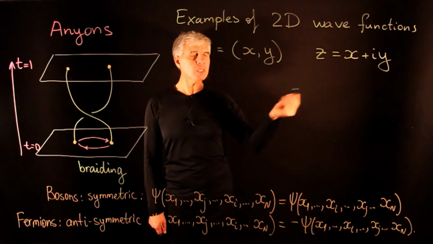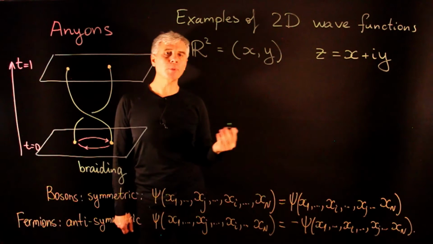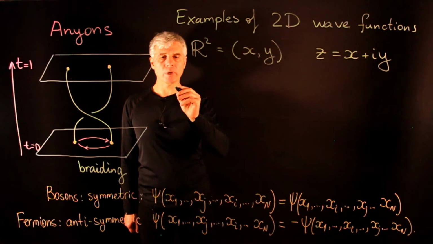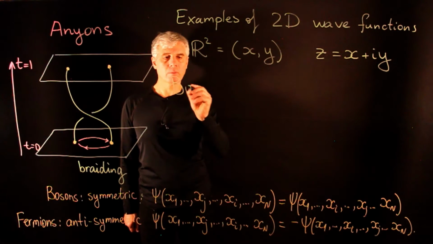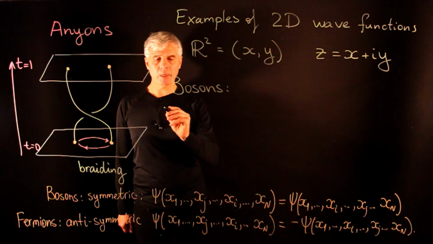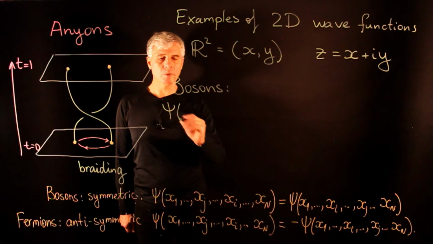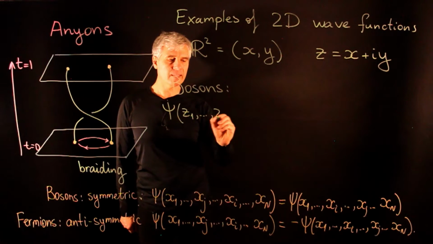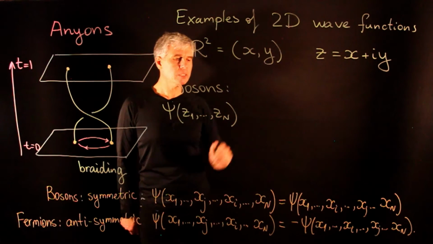And with this, we can construct complex valued wave functions. For example, for bosons, the wave function can be written in the following way. We take psi of z1 through zn, so we have n particles.